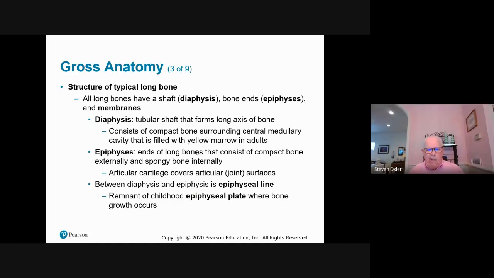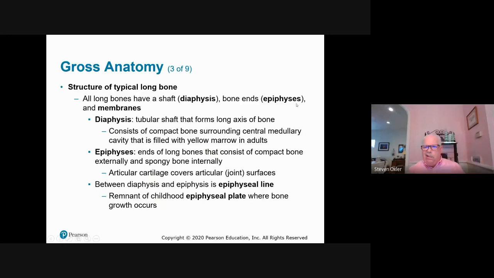All right? Other words you have to remember, not only for exam number 2, but you should always remember this. The shaft of a long bone is called the diaphysis. The bone ends at either end are called the epiphyses.